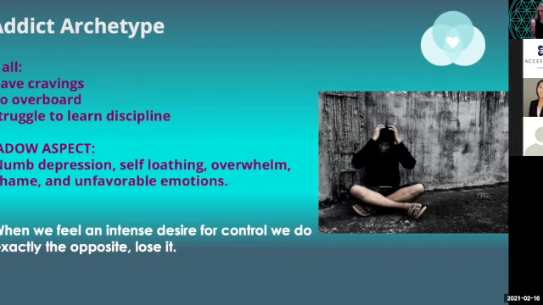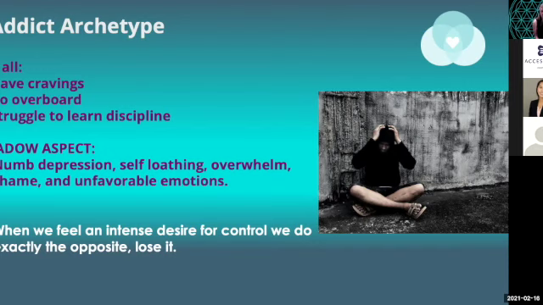Now, the addict has this shadow aspect of using a behavior or a substance to numb, to not feel, to disassociate, to avoid depression. They can get into a lot of overwhelm and self-hatred and shame and really get hard on themselves and experience a lot of unfavorable emotions.